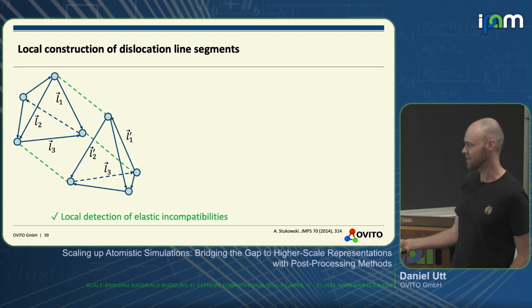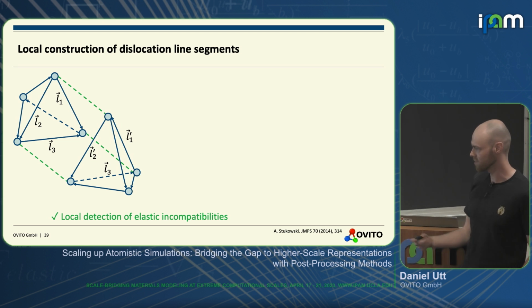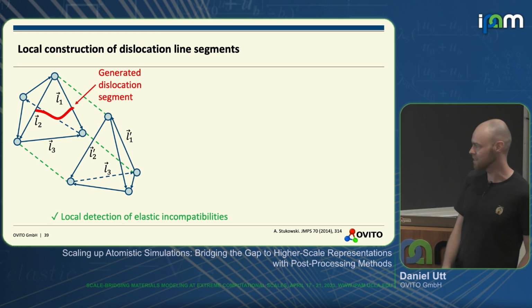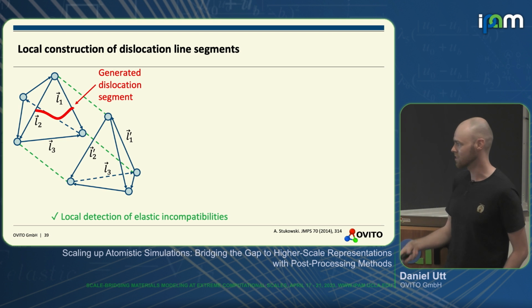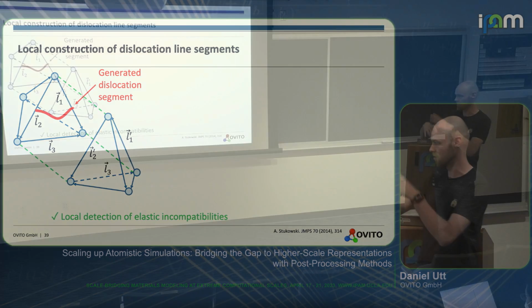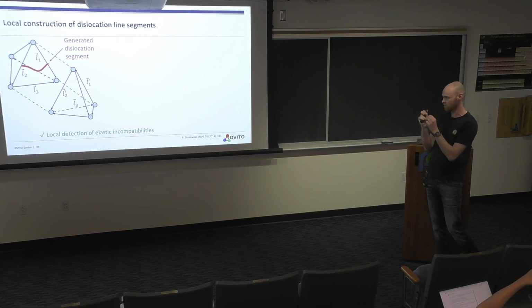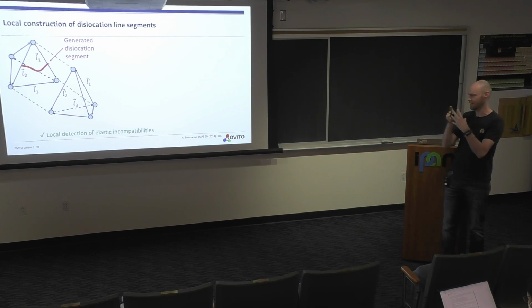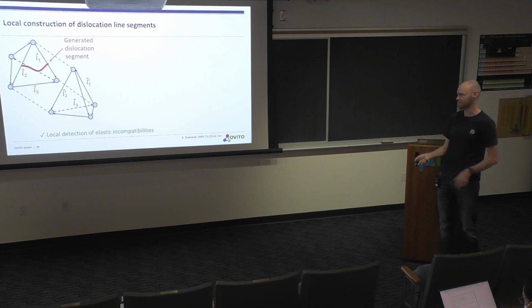If somehow your neighbor has a different set of lattice vectors, you know that there is some elastic incompatibility between these 2 elements, which means that usually a dislocation segment should somehow pass between the 2. So you have now a way of locally constructing very, very short dislocation segments as you can go from one cell to the next to the next.